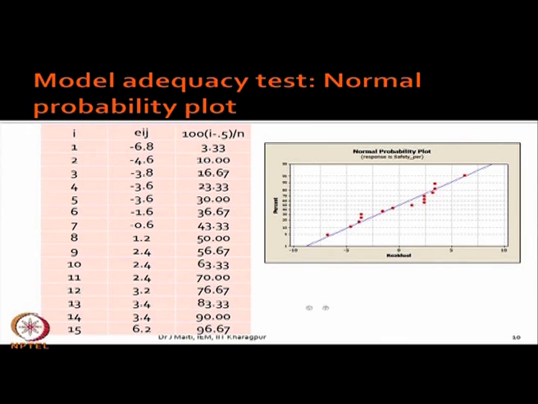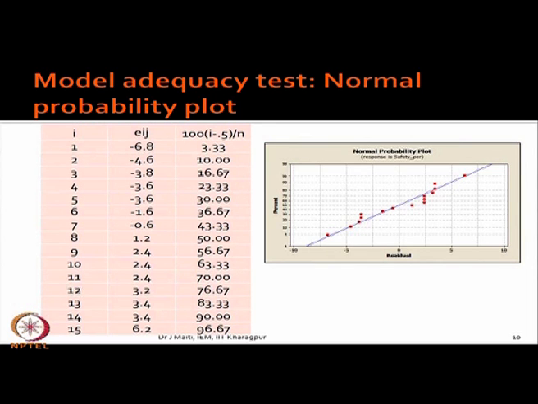Your first residual is minus 6.8 and the probability value is 3.33, so it comes somewhere here. Once you get the points, you draw a straight line. If you get a good straight line, and the different error points do not differ much from it, we can say that the normality assumption is valid.